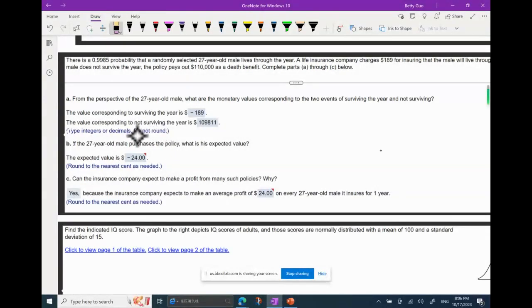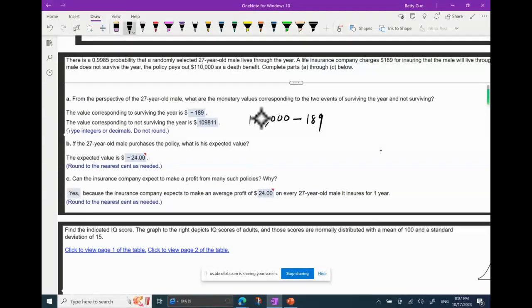But in the case that the person does not survive, of course, he has nothing, but his family is going to have $110,000, that income, money coming in, and then minus the money going out.